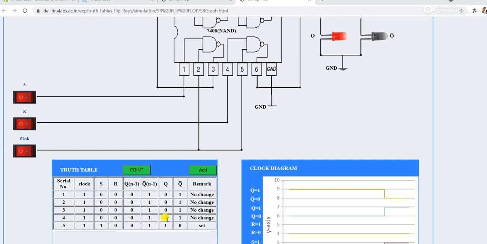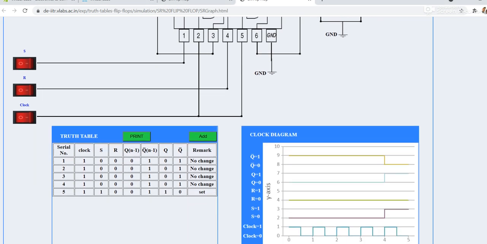The present state, S equal to 1 and R equal to 0, gives Q equal to 1 and Q bar equal to 0. So this is the set state.